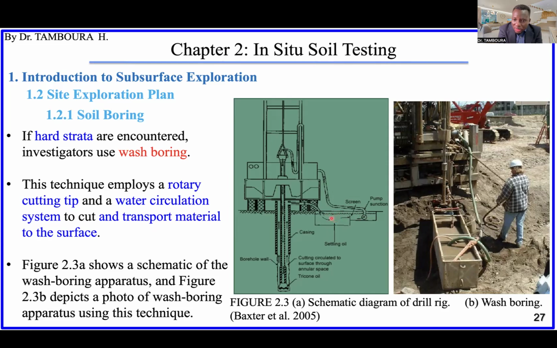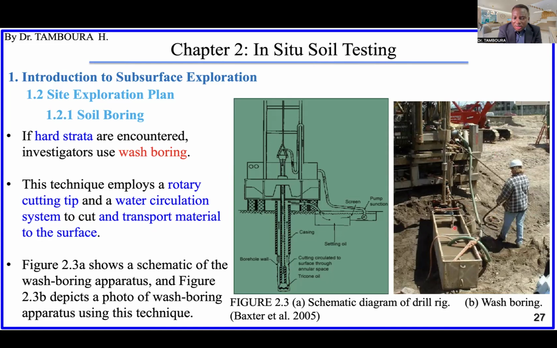The same system is shown here. You do this, and the water is put back inside. By means of this pump, we can pump this water back inside, and pumping the soil out, something like that.